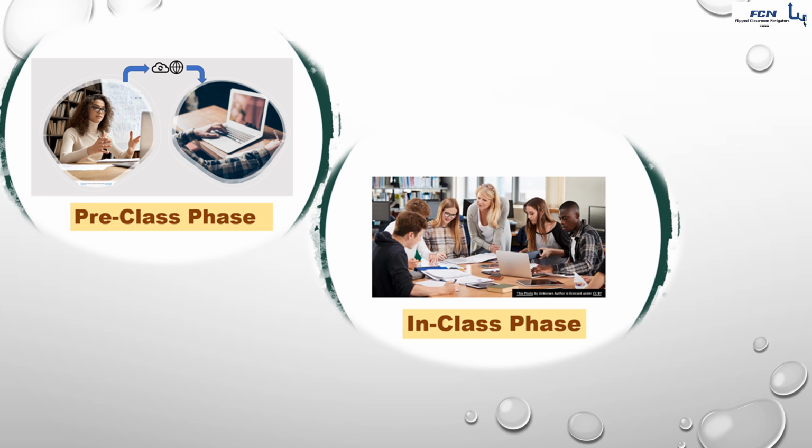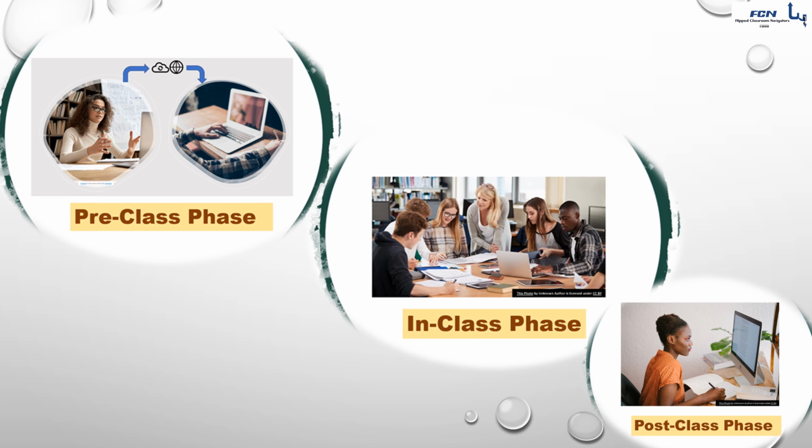The teacher designs the face-to-face classroom as an interactive education environment by using student-centered teaching strategies, allowing the students to apply or evaluate the learned concepts. In the post-class setting, students receive the opportunity to solve newly emerging issues of learned concepts.